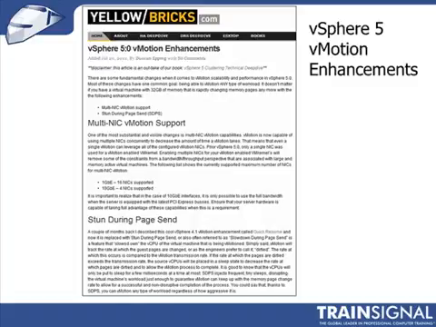The second vMotion feature new in vSphere 5 is the stun during page send. And it's also called slow down during page send. If you're trying to vMotion a high-performance virtual machine that has a lot of changes going on, what this feature can do is it can actually tell the vCPUs of that server to really slow down or go into a sleep state, but a sleep state that's not going to affect the application.